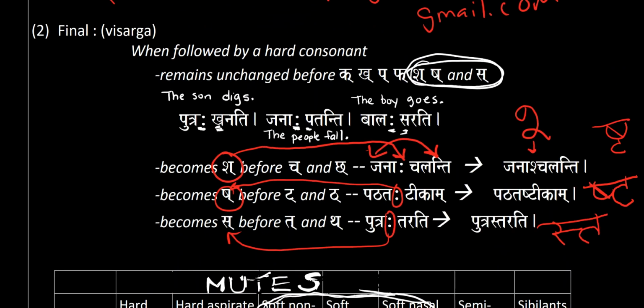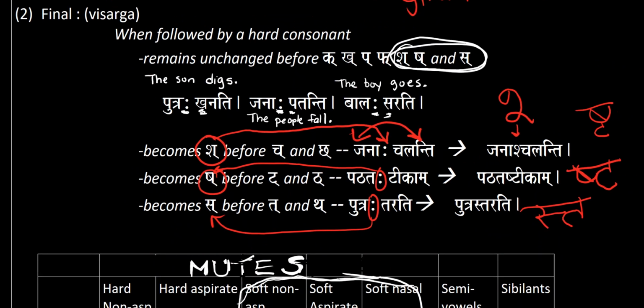I do want to remind you that when translating from Sanskrit to English, or whatever language is suitable for you, or if you're writing a sentence in Sanskrit and you need to apply your Sandhi rules, always take a look first to see whether that visarga is followed by a hard consonant. It would be a lot easier.